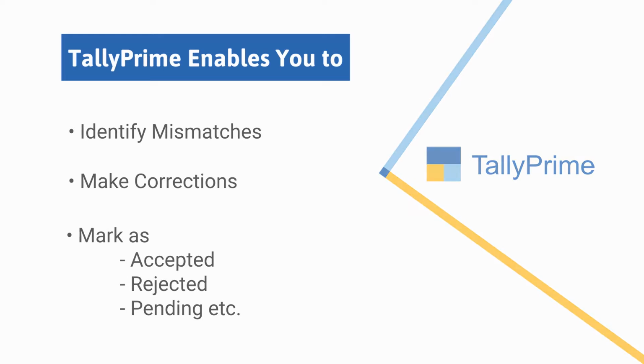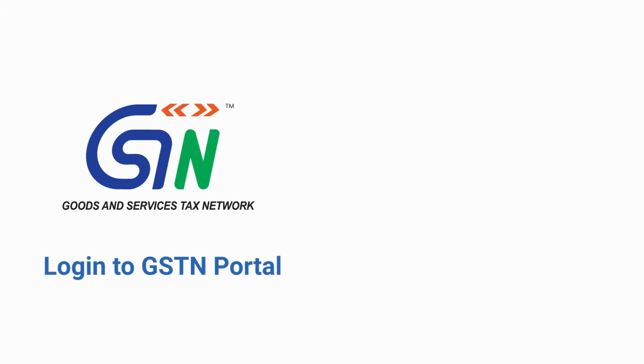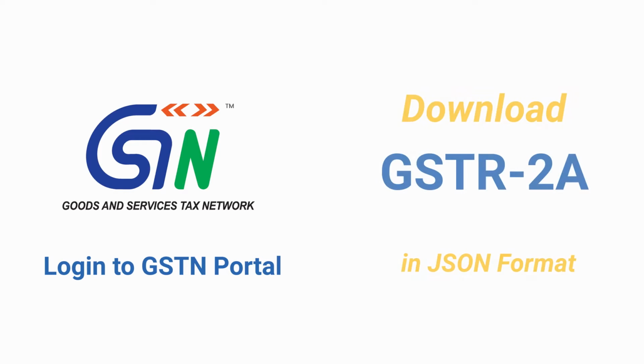In order to start the reconciliation, you have to first download GSTR-2A in JSON format to a local folder from GSTN Portal. The file will be in zip format. Do not unzip it.